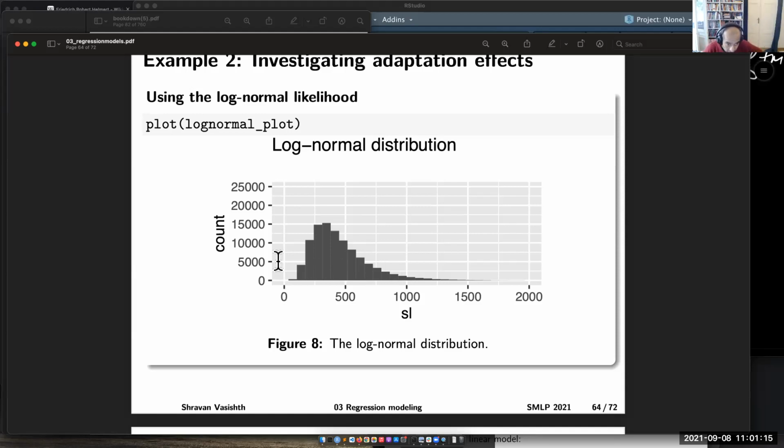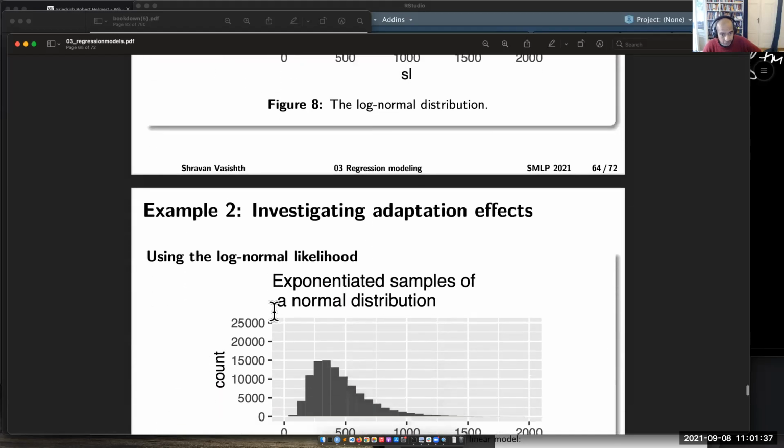And notice that the lower bound is 100. So this is a very realistic data set now, because there's this distinctive skew to the right that we see in reading time data, that we saw in our data as well, right? So this log normal likelihood seems like a much more sensible likelihood to use than the normal likelihood for reaction time data. Okay, so that's why I'm going to switch to the log normal.